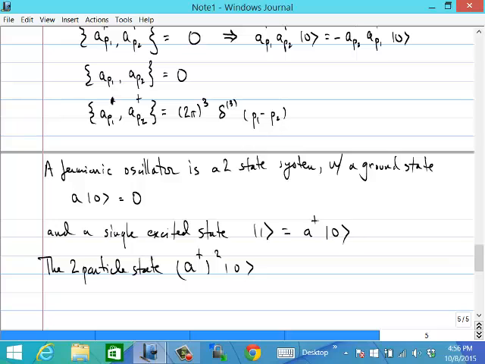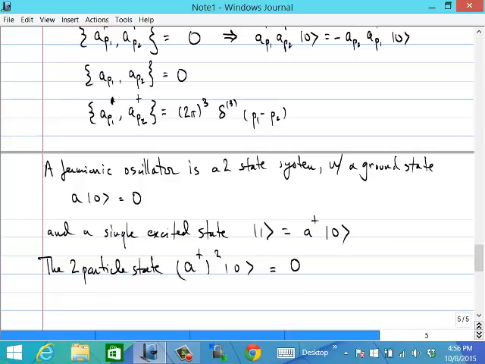A dagger squared acting on the vacuum is minus a dagger squared acting on the vacuum. So it's equal to 0. Right? The statement that a dagger anti-commutes with a dagger is the statement that a dagger squared is equal to 0. So that means that there's no such thing as a two-particle state in the fermionic oscillator.